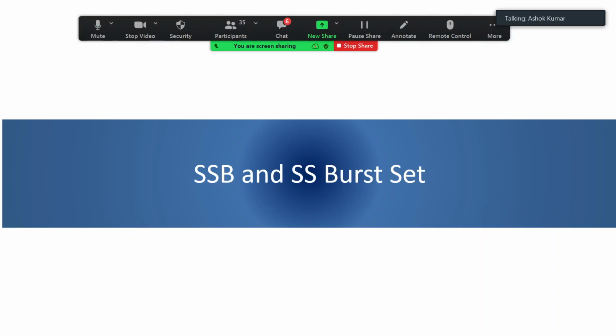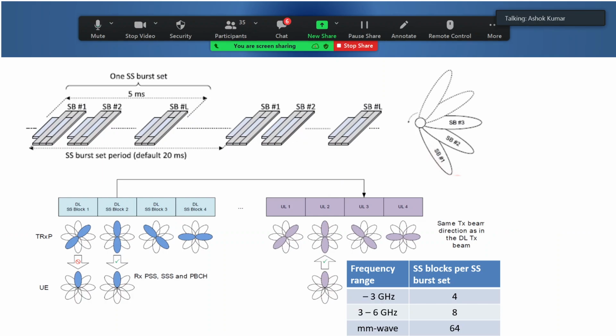So now let us look at the concept of SS burst set. This is a very popular picture. So we talked about SSB, synchronization signal block, also written as SB, having 4 symbols because we are showing time in this particular direction. So it is 4 symbols. So SB1, SB2 up to SBL, right?